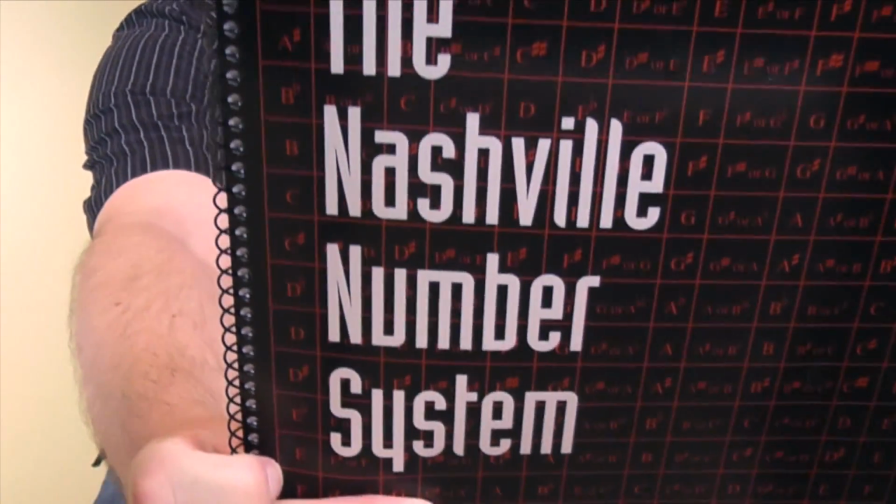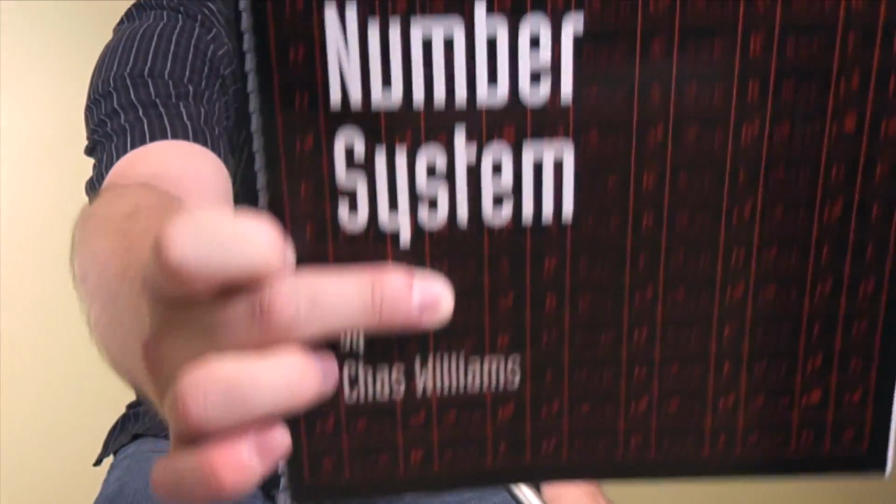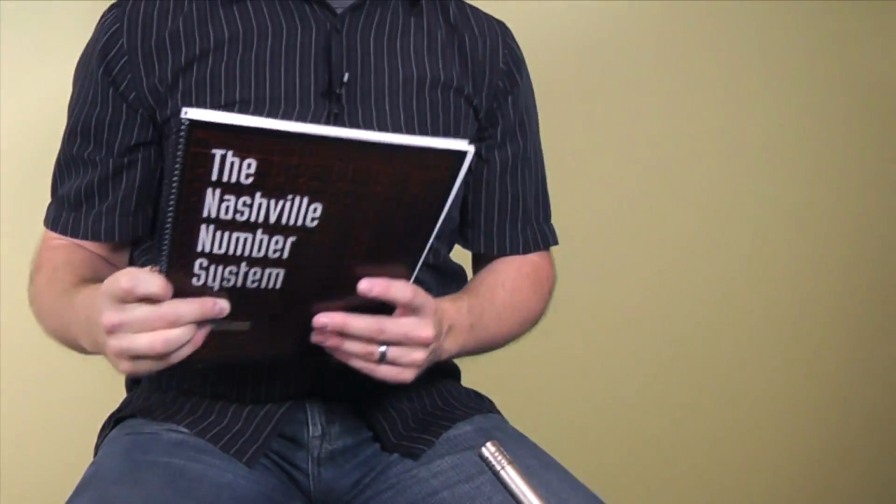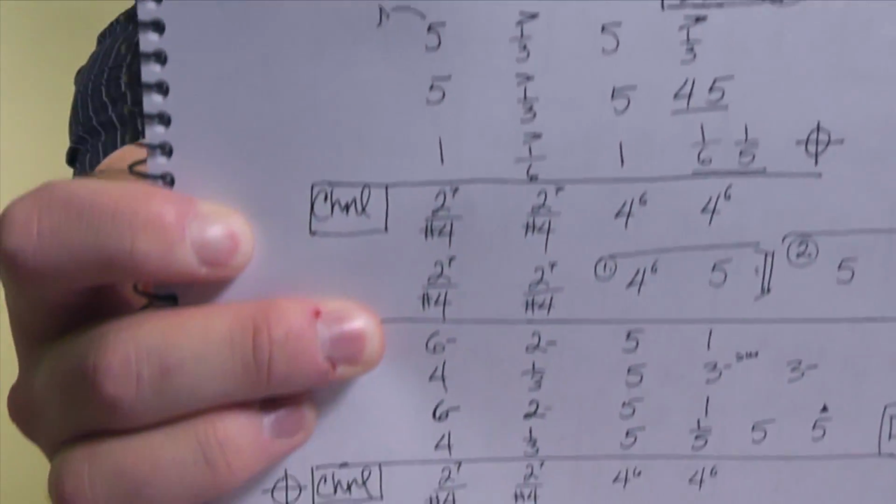If you can only buy one book, I would suggest buying the Nashville Number System by Chaz Williams. Chaz is a studio musician in Nashville, and he's written a bunch of instrumental songs in different genres. And he's got the charts in the back of the book. Now the front of the book is very similar to what we did today, but it's much more in depth.